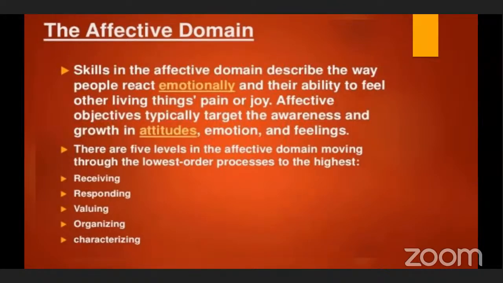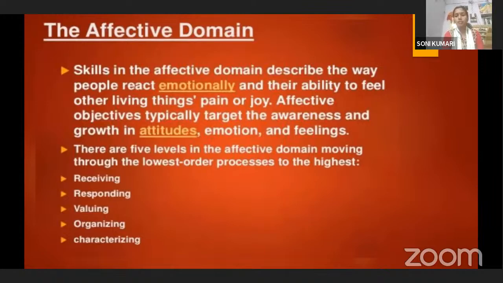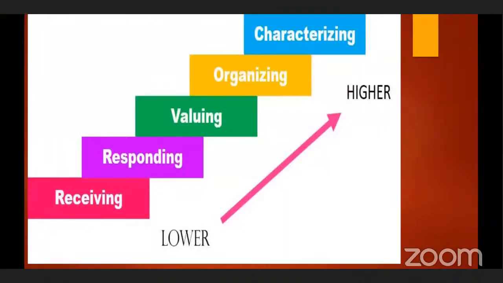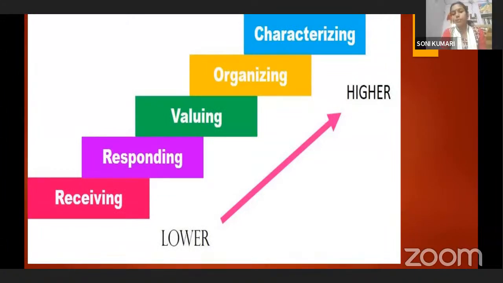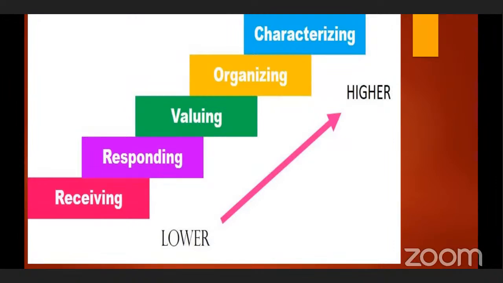There are five levels in the affective domain, moving from the lowest order process to the highest: receiving, responding, valuing, organizing, and characterizing. These are the lower to higher levels, which I explained in the previous slide.